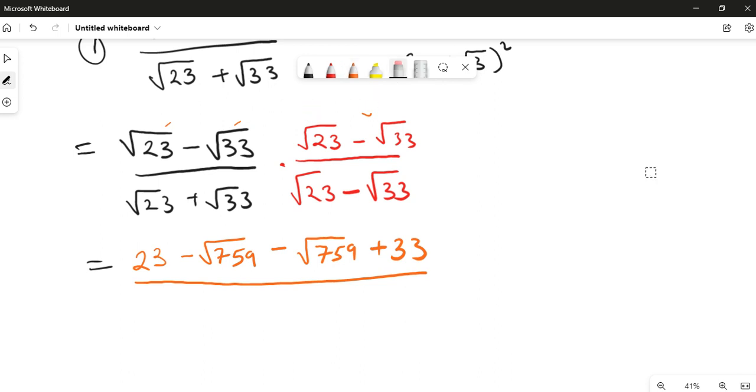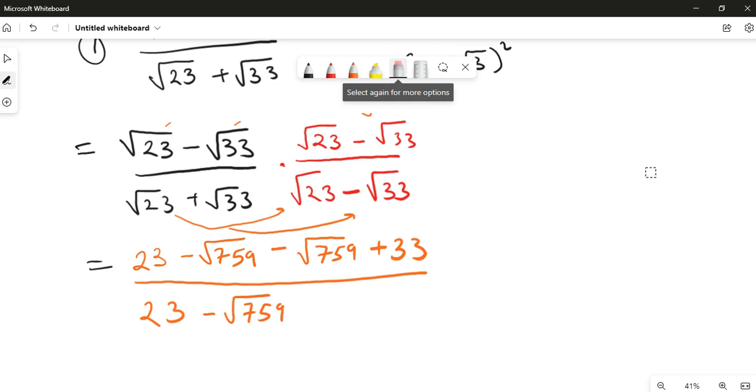So below we follow with our denominator. Square root of 23 times the square root of 23, that gives us 23. The square root of 23 times negative the square root of 33 gives us negative the square root of 759.